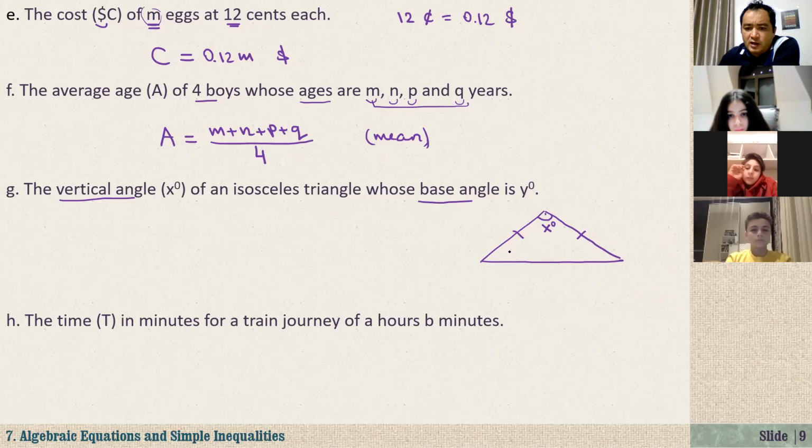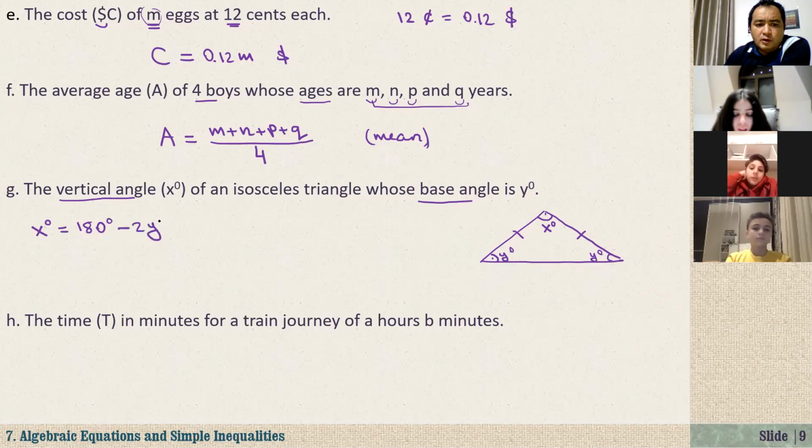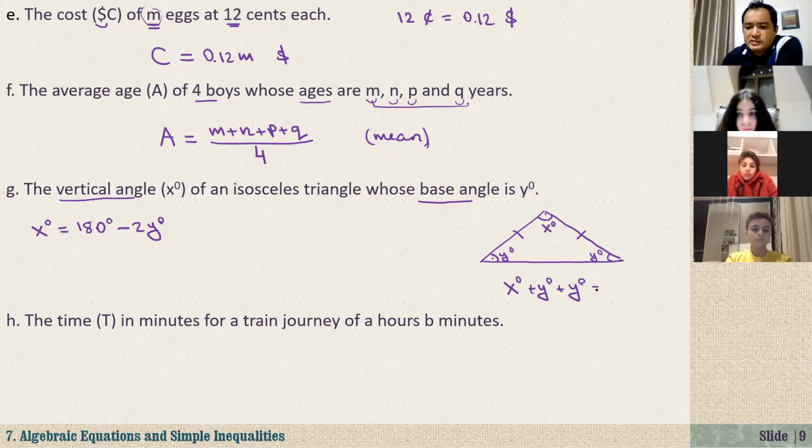It says that it is y degrees and y degrees. So the question is, what is x in terms of y? x degrees plus y plus y will be 180, because we know that in a triangle, the sum of the interior angles, x degrees plus y degrees plus y degrees, is equal to 180 degrees, right?